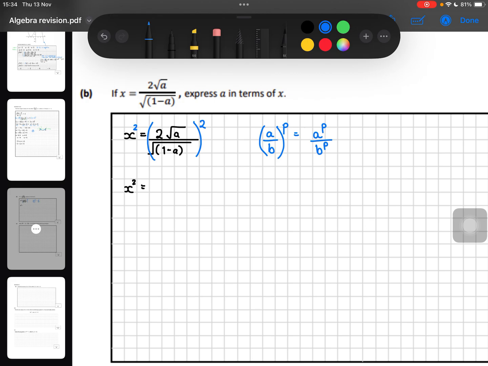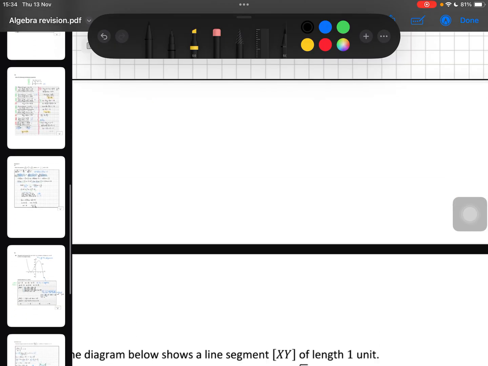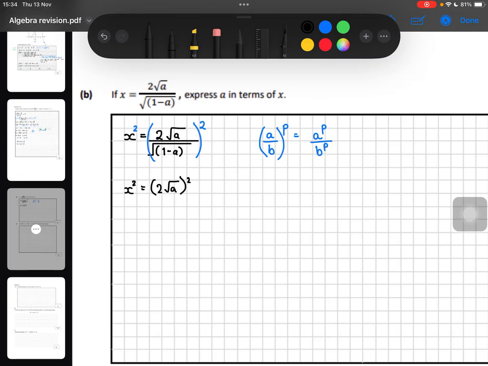So that is my 2 square root a to be squared, over my square root of 1 minus a to be squared.